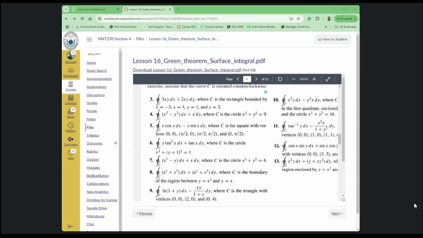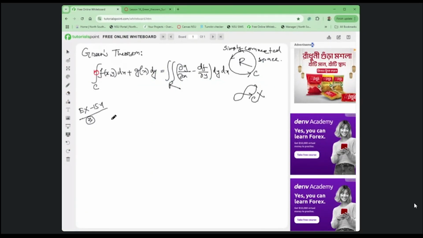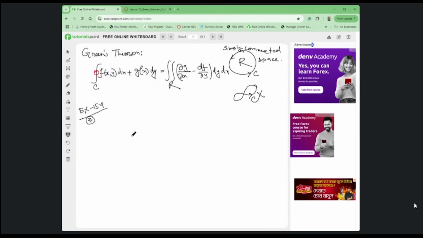Okay, so let us now solve number 3 here. Sorry if you are facing any network issues, just try to write down what is written on the whiteboard.